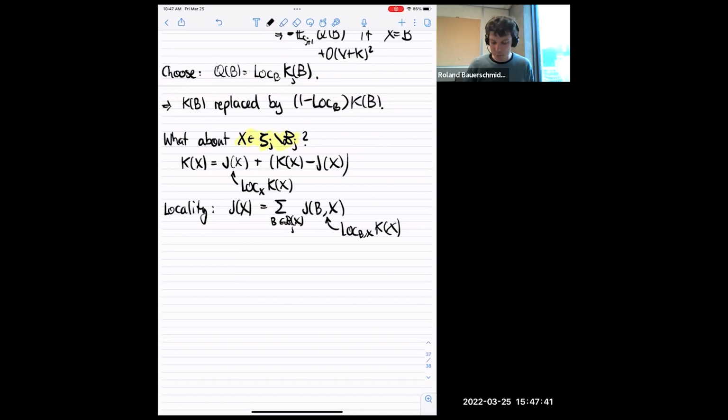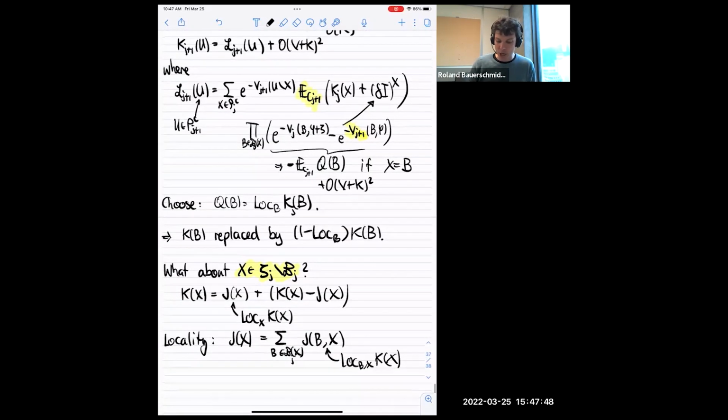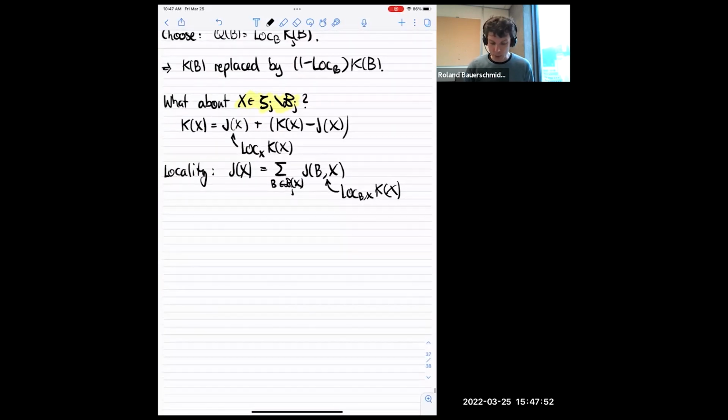So we somehow assume that blocks will be okay anyway, as the previous example showed. By making a suitable adjustment of the V coordinate, you can fix what happens on blocks. So we're just considering what happens for X not a block.